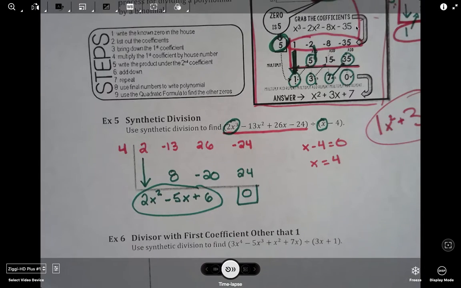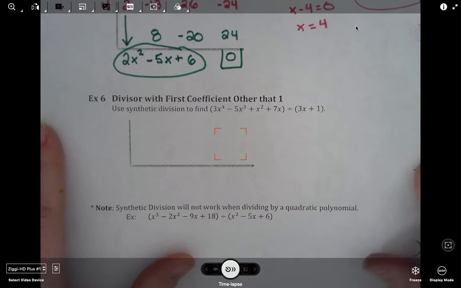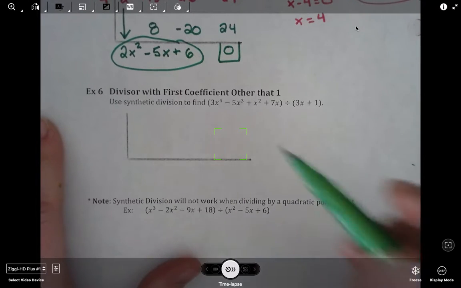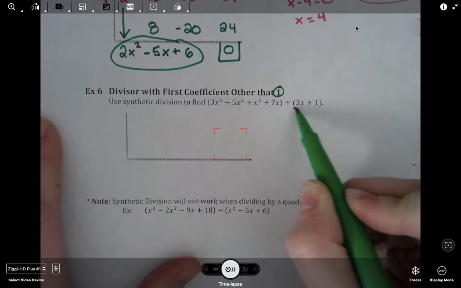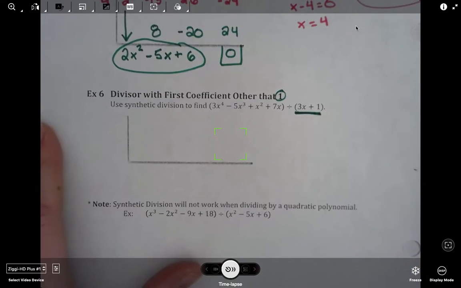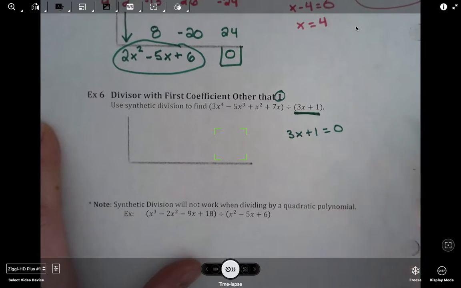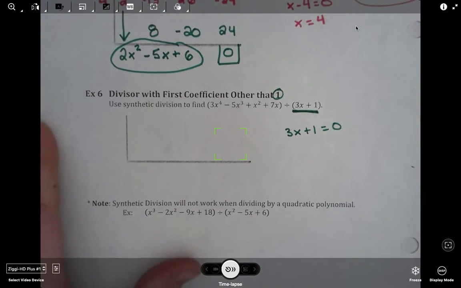Okay. Let's see. Use synthetic division to find this. Now, divisors with first coefficients other than 1. Look at this one that we're dividing by: 3x plus 1. Yikes. 3x plus 1 equals 0. And then what?